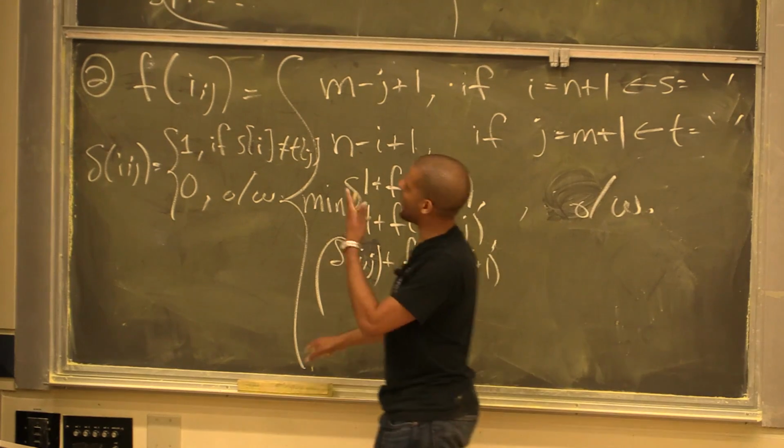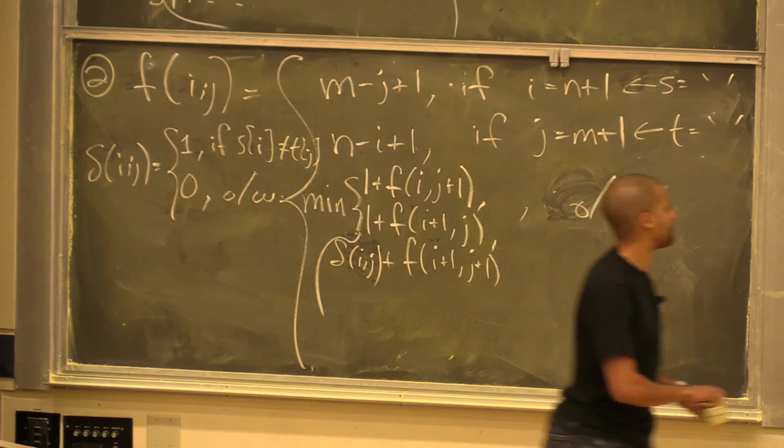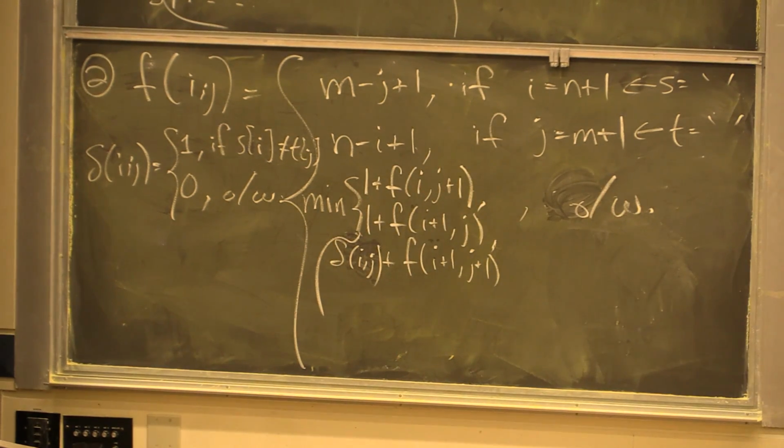So we have the function, we have the recurrence relation. Now what about the runtime and the memory? Memory. How many possible inputs are there? How many possibilities are there for i? S is a length n string, T is a length m string.